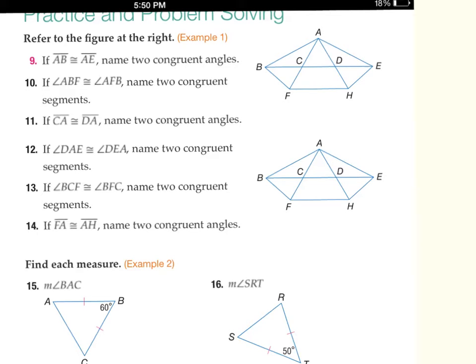On number 10, they're asking us to name two congruent segments. So, angle ABF, and then AFB.